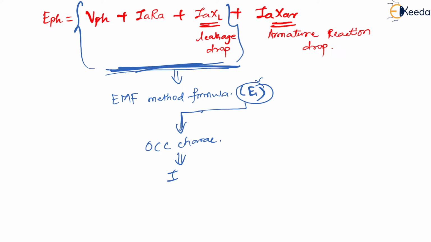So for that 100 volts, how much is the field current in the OCC characteristics is what is our point of interest. So let me call that particular field current to be IF1. Definitely you will understand this even more detailed way as soon as we start with the problems. Okay, yes, anyways, so this is the way.